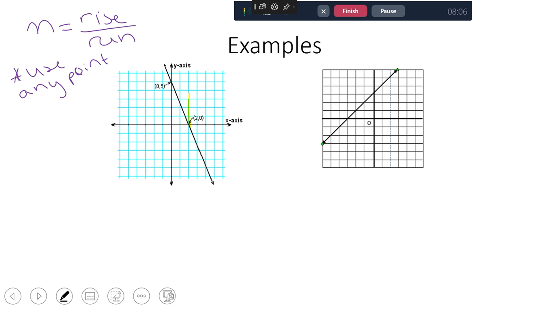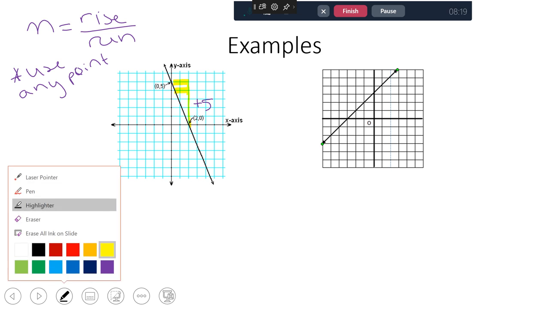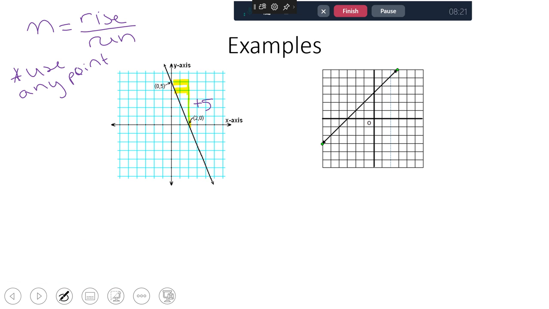I'm going to rise 5. And I am going to run 2. And it's negative 2 because we're going backwards. So my m is going to be 5 over negative 2 or negative 5 over 2.